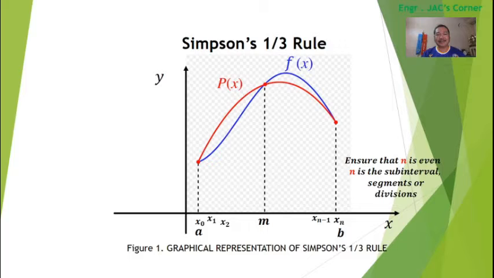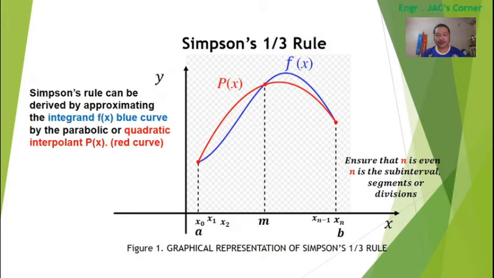Simpson's one-third rule is a method for numerical integration, the numerical approximation of definite integrals. Specifically, it is the approximation for n plus 1 points from x sub 0 to x sub n, bounding n equally spaced subdivisions, where n is an even number. N is the number of subinterval segments or subdivisions.